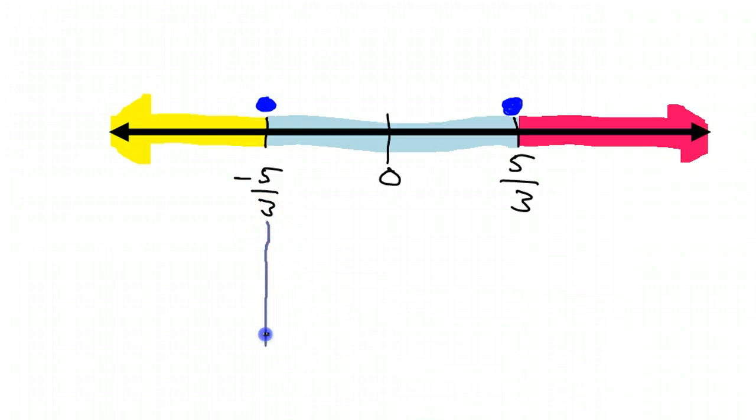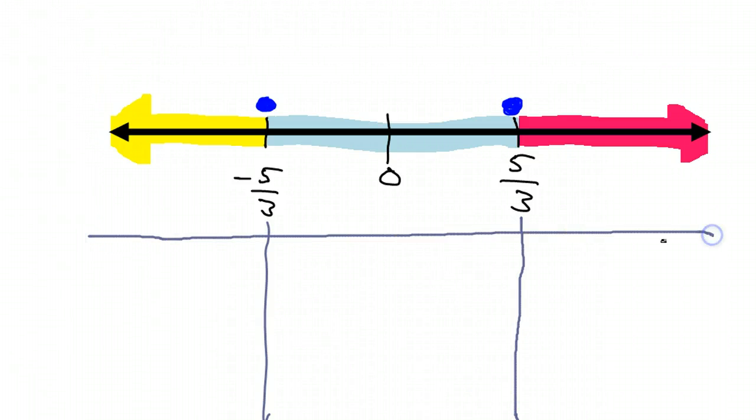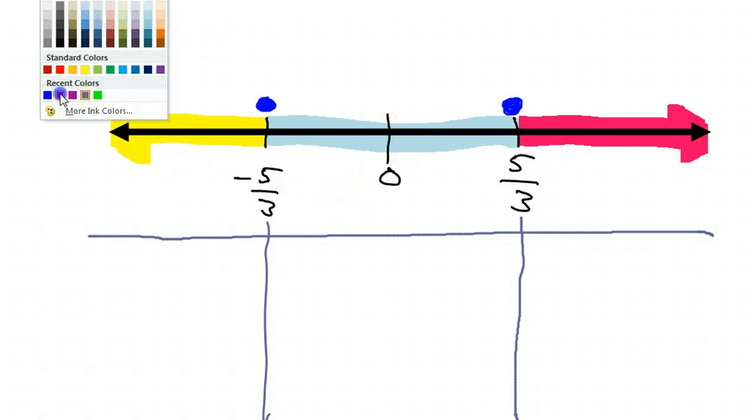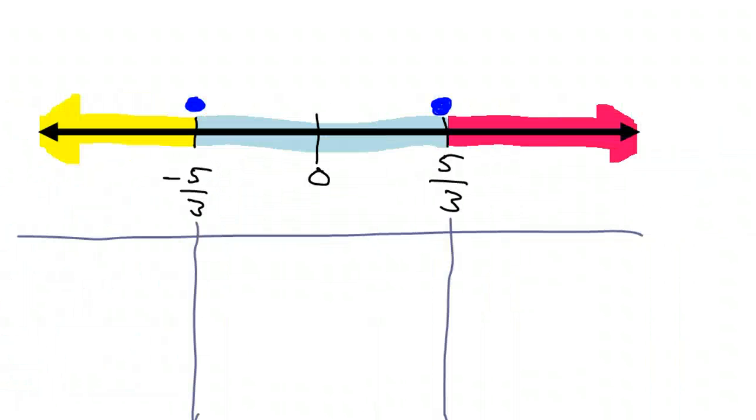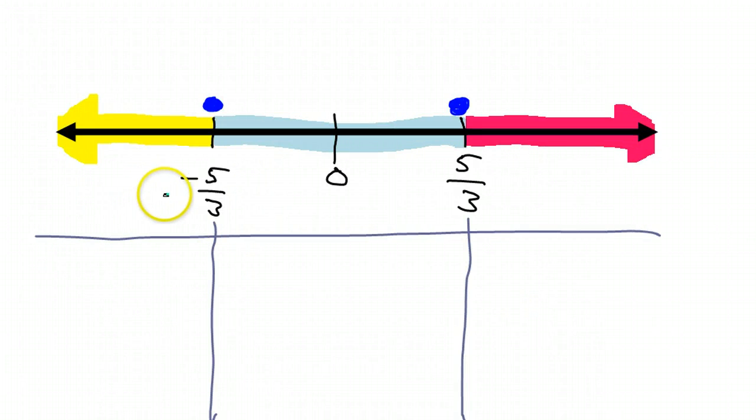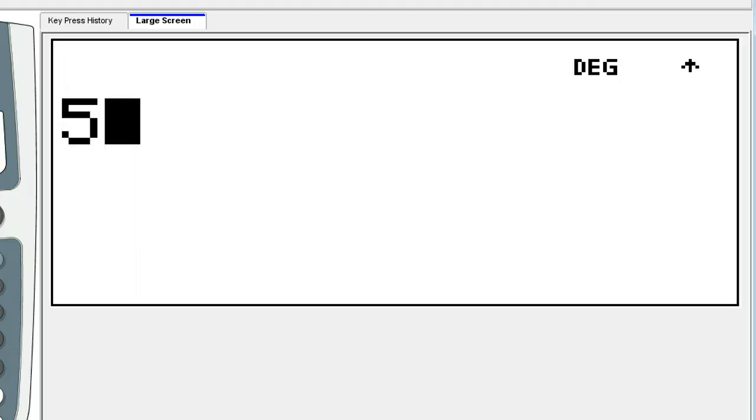I like to make a little chart out of it, like this. And I'm going to need a test value from each one of these zones. So I'm going to need something less than negative 5 over 3. Now, it will be helpful to know what the decimal value of this is. So you could put 5 over 3 in your calculator.